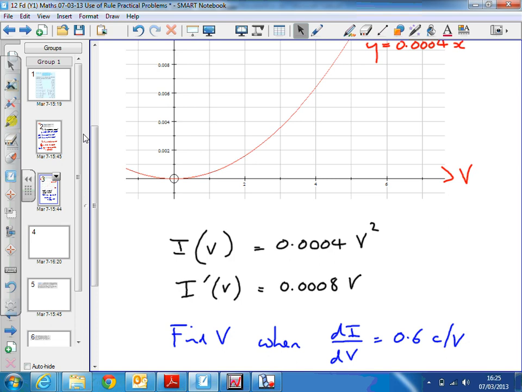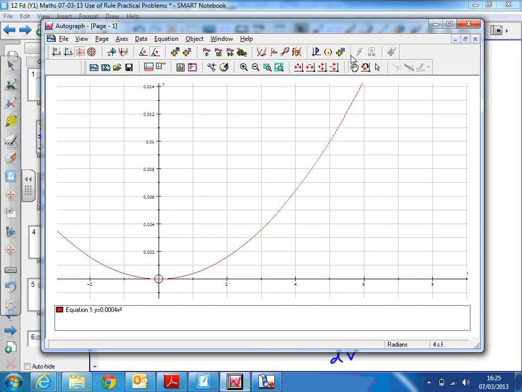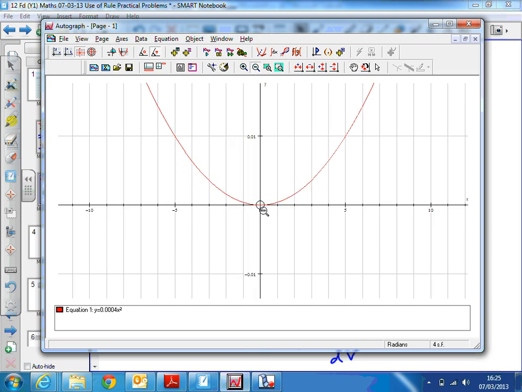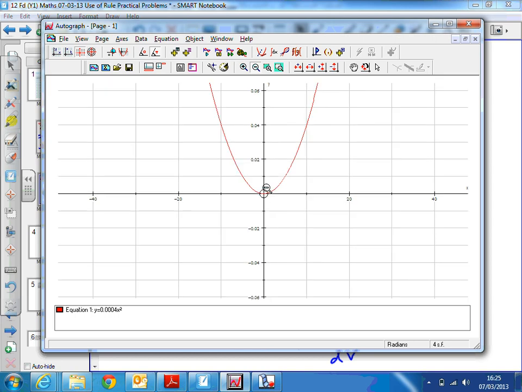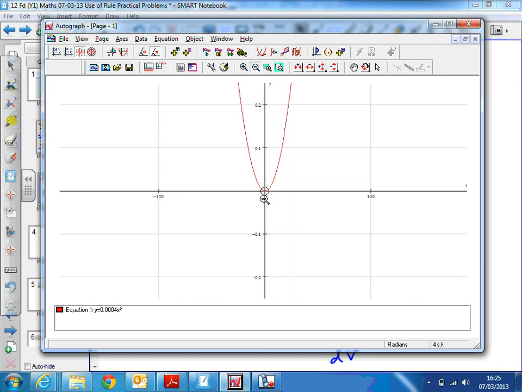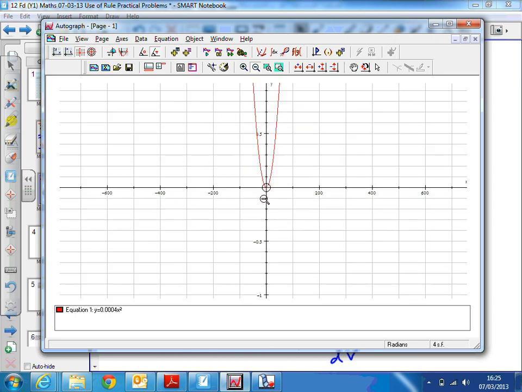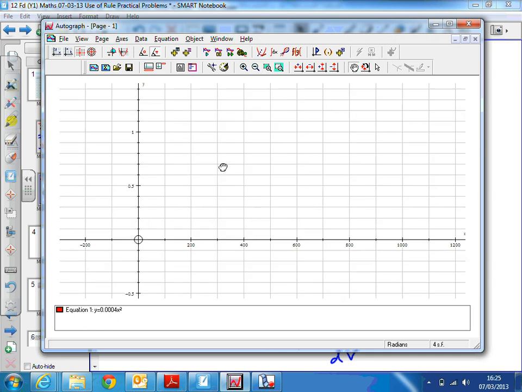So if we plotted this on Autograph, we go back to Autograph, and what we need to do now is zoom out. So we zoom out on the function, and we're after 750, so I just keep zooming out until I get on the x-axis 750. Let's move it across. So I can see 750 now on here, it's around here somewhere.